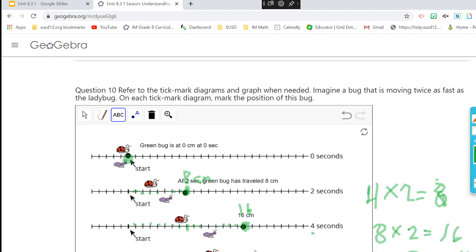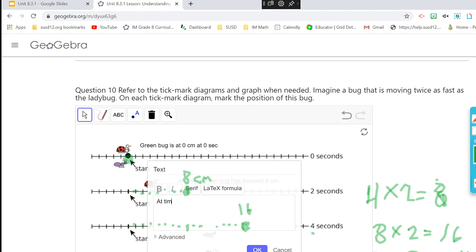Please be descriptive in your labels. I said green bug, but this time I'm just going to put 16. I'd like it if you label at least some of them describing what you're labeling, like green bug has traveled. At 6 seconds, green bug has traveled 24 centimeters. Let me label that.